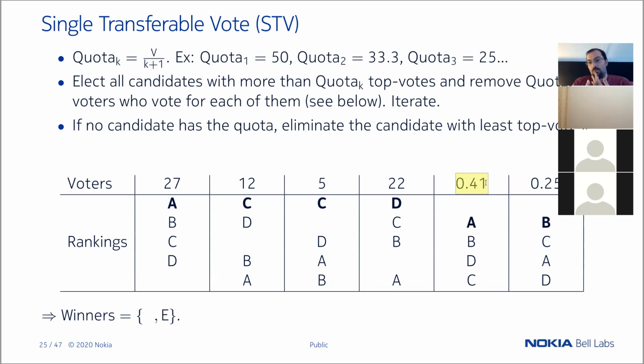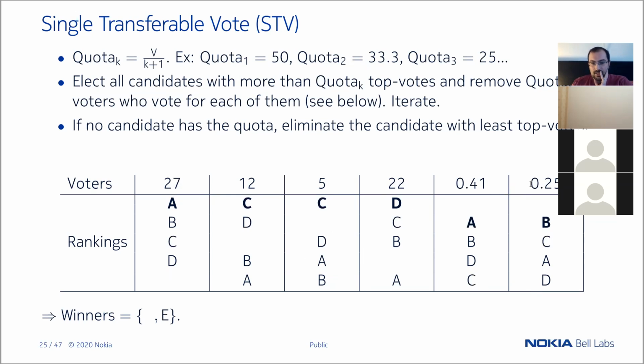So in the end, there remain 0.41 voters ABDC and 0.25 voters BCAD. So now I can try to elect a second candidate, but no candidate has the quota. So the candidate with least votes, I guess it's B. So B is going to be eliminated. I think I was drunk when I did this example. Yes, I think I was drunk.